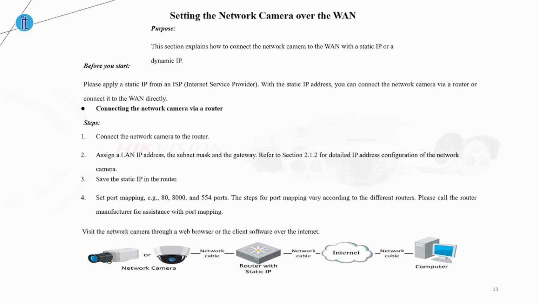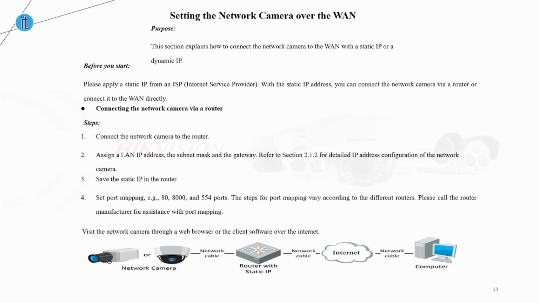Before you start this, please apply a static IP from an ISP, that is Internet Service Provider. With the static IP address, you can connect the network camera via a router or connect it to a WAN directly.